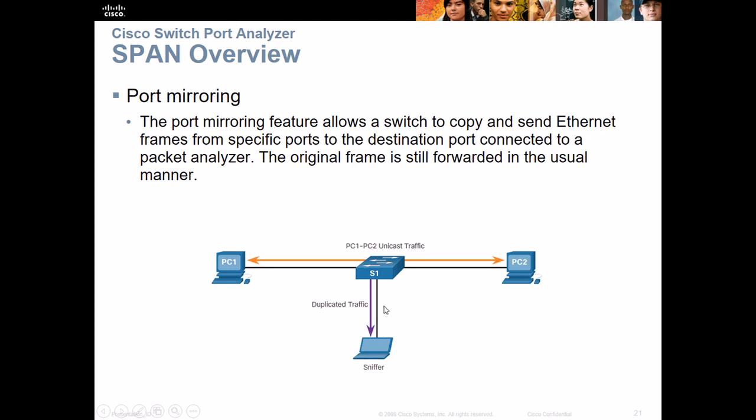But you've got to be careful. You don't want to span all the ports, because anybody can come in and use that for attacks. So you want to make sure you only enable it on a port where you're going to have either a sniffer, a protocol analyzer that analyzes all the traffic going through the switch, or an IPS or an IDS, an intrusion detection system that's going to detect if there's an attack.